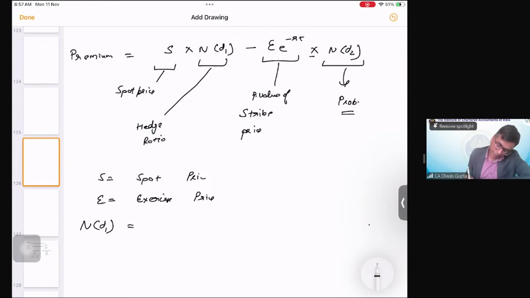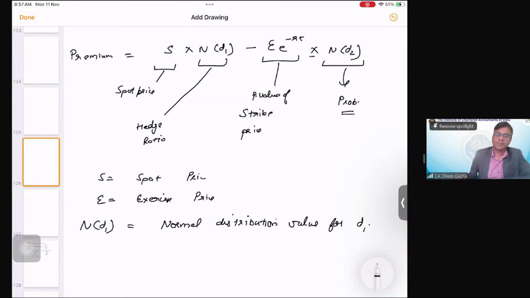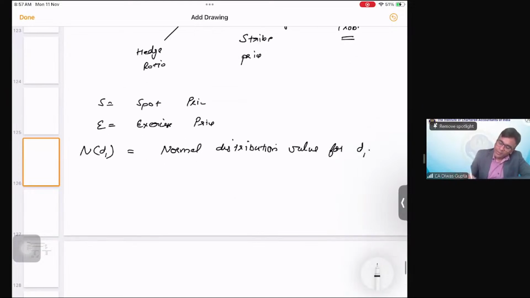N(d1) is equal to the normal distribution value for d1. And please remember, this will be cumulative.